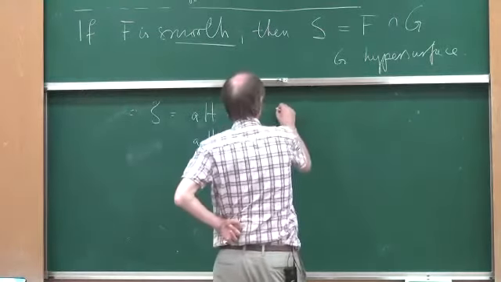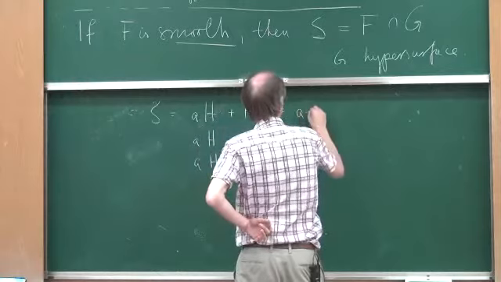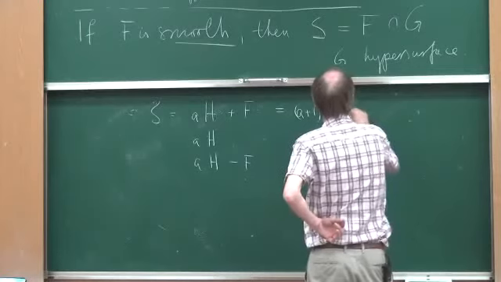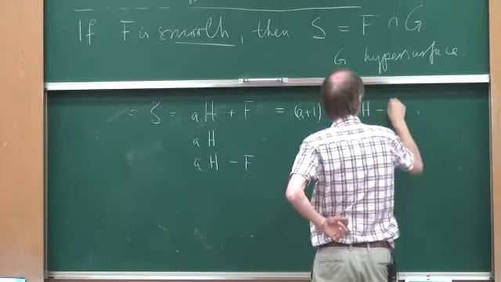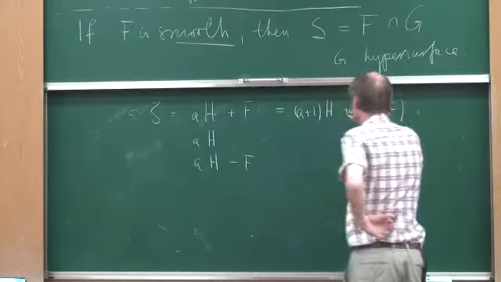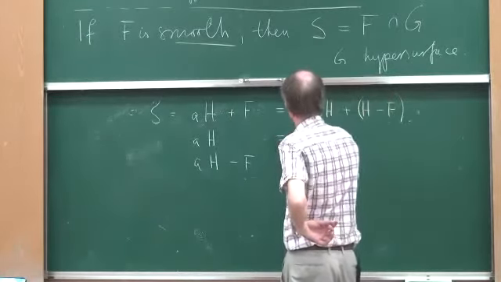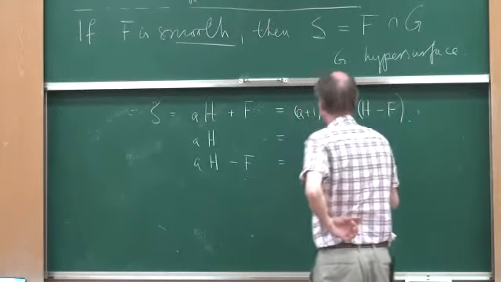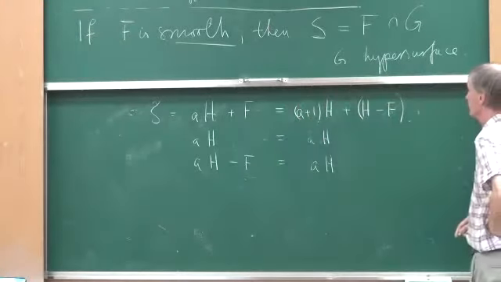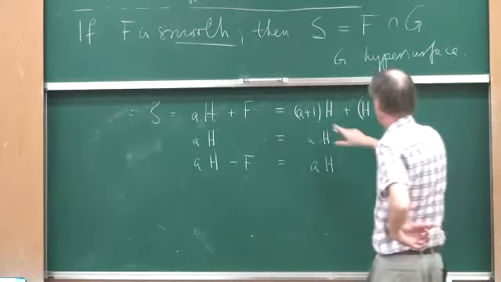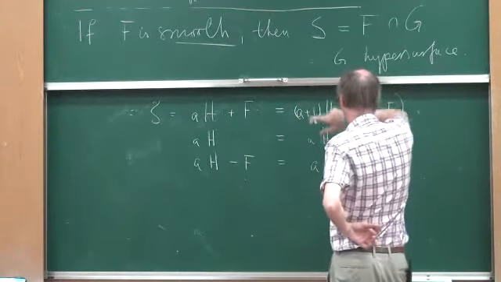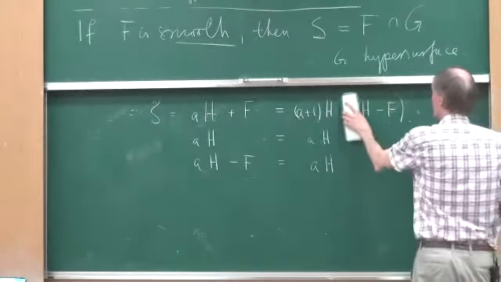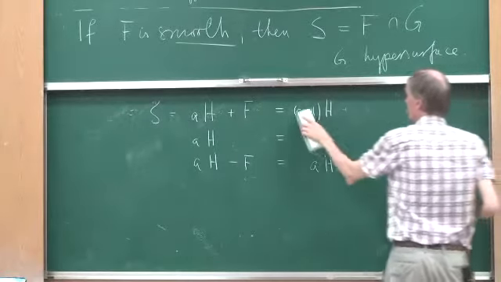And so I can write this as A plus 1 times H minus H minus F. Sorry, this is of course not correct.